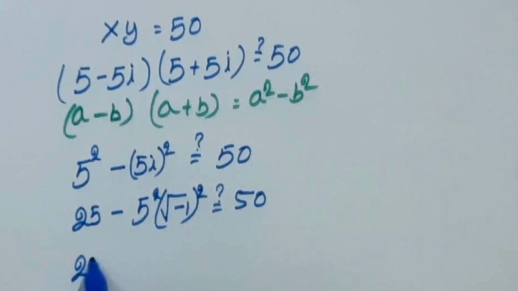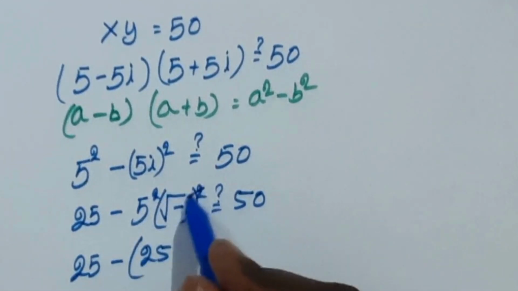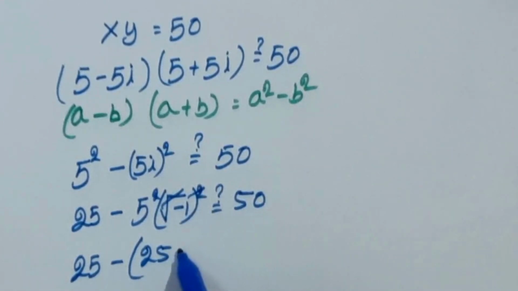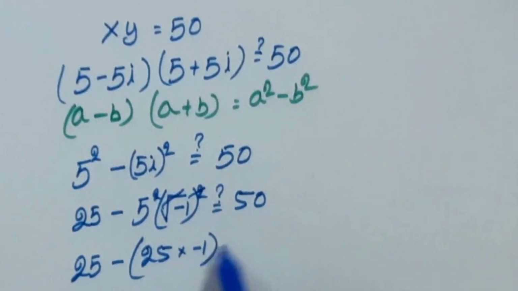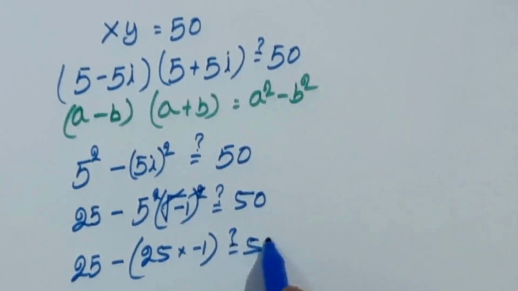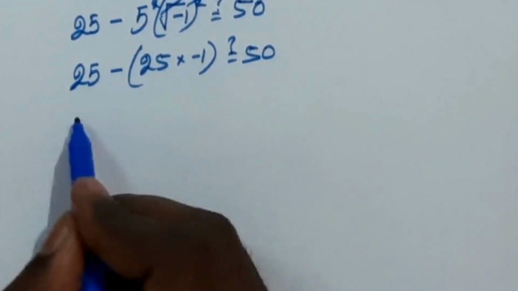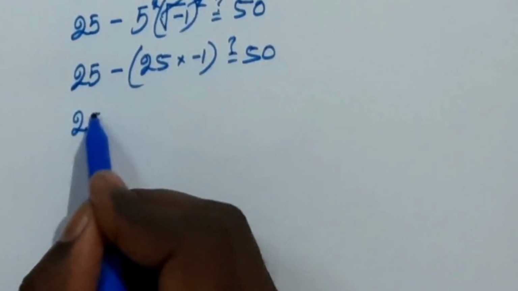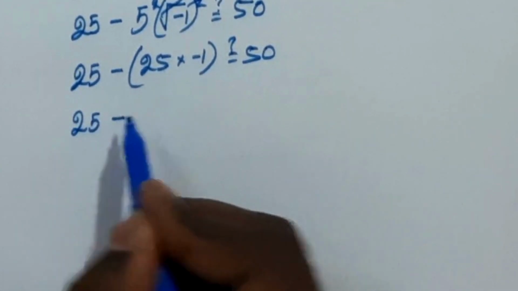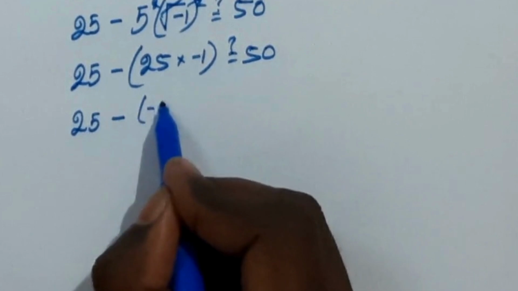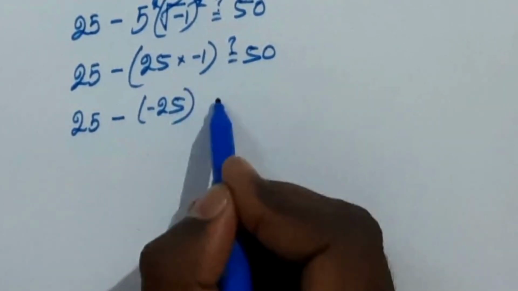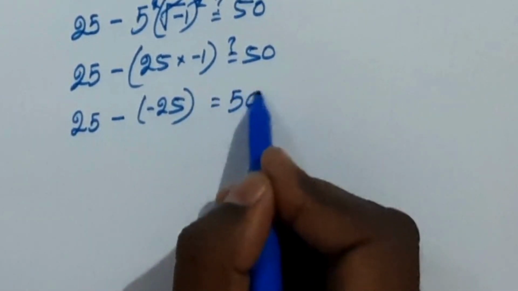Now 25 minus 25 times of minus 1 equal to 50.